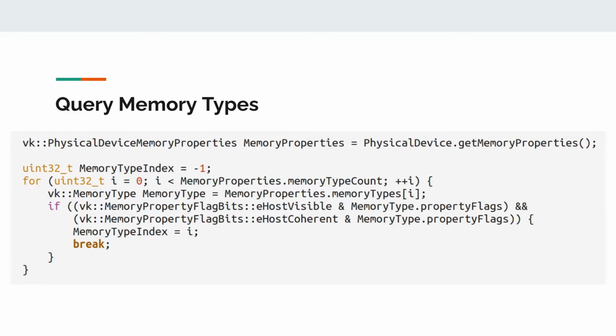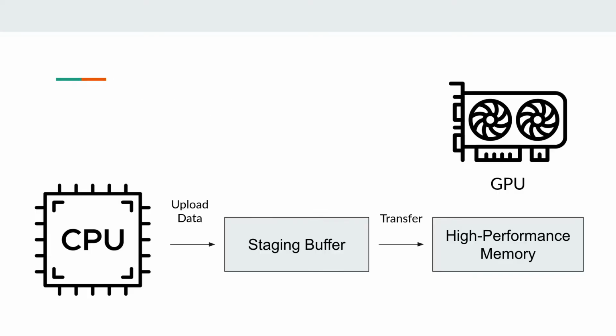Note that this is not the most high-performance approach to memory allocation. In a more serious Vulkan program, you will use a discrete GPU, and since you are using a discrete GPU, you wouldn't have direct access to its memory. Therefore, you would allocate high-performance memory on the GPU, and in order to upload your data to this memory, you will create another buffer called a staging buffer.